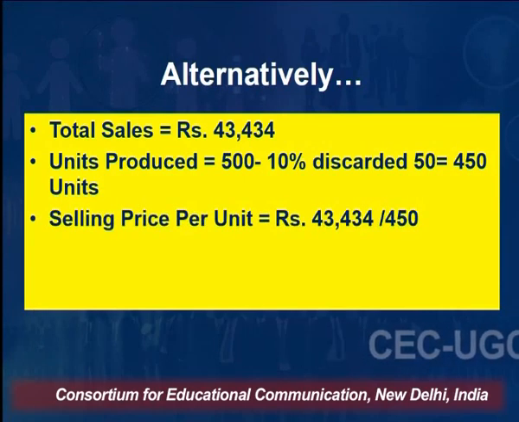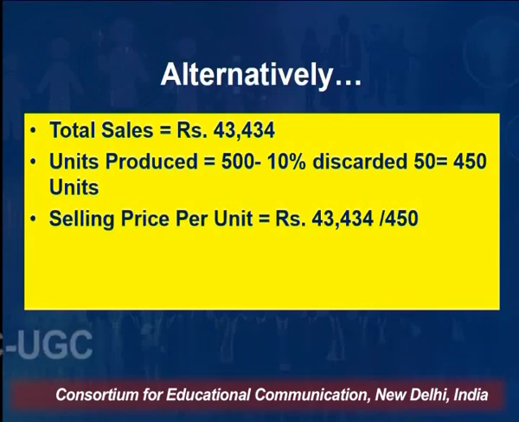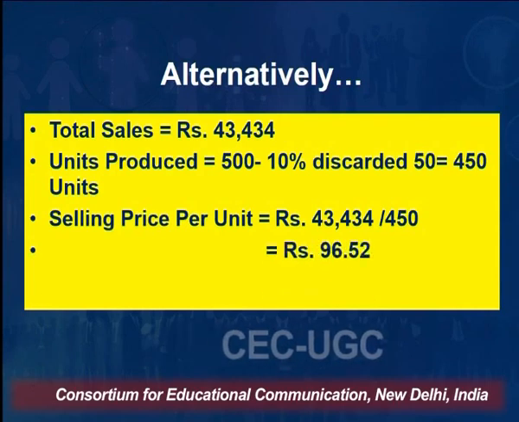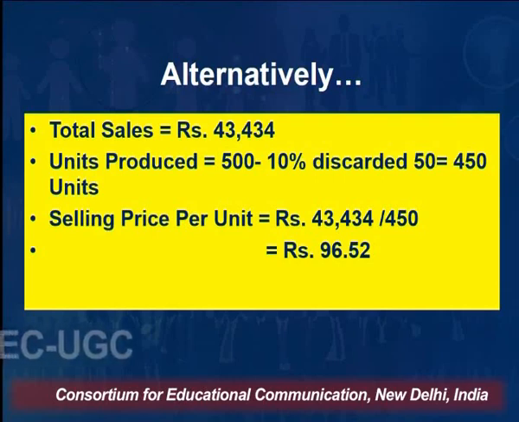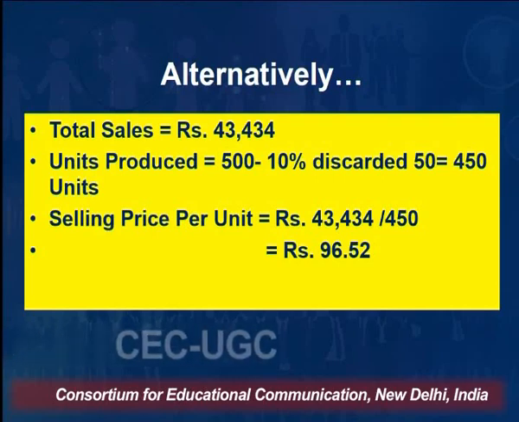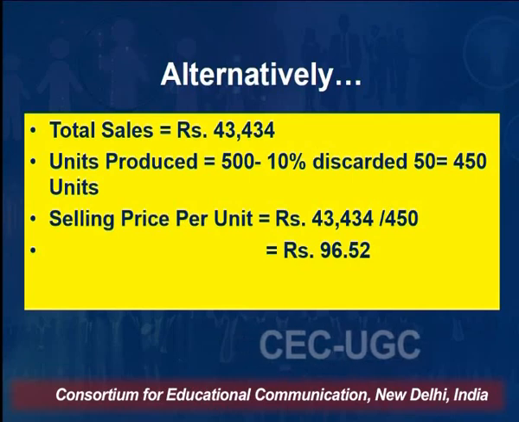So selling price per unit will not be like the previous one. It is 43,434 divided by 450. The selling price remains the same and units have reduced, so the price per unit goes up to 96.52 rupees.